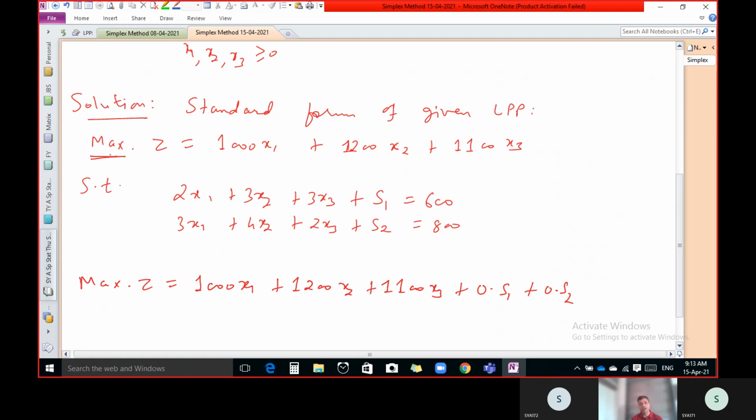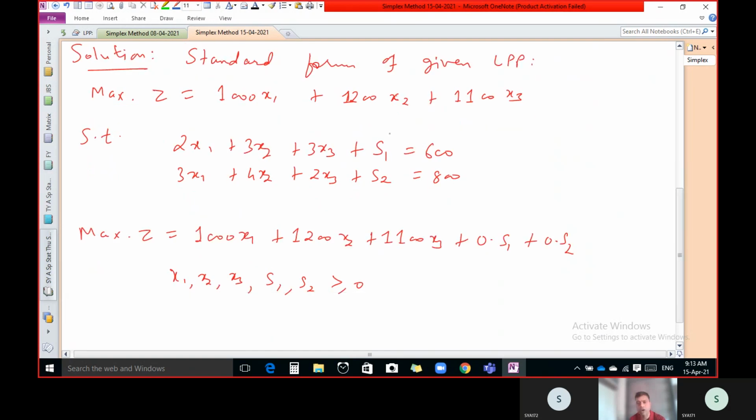So you have to rewrite your objective function, and in that objective function you have to introduce slack or surplus variable with zero coefficient. And obviously x1, x2, x3, S1, S2 all are greater than or equal to 0. So this is known as the standard form of the given linear programming problem.